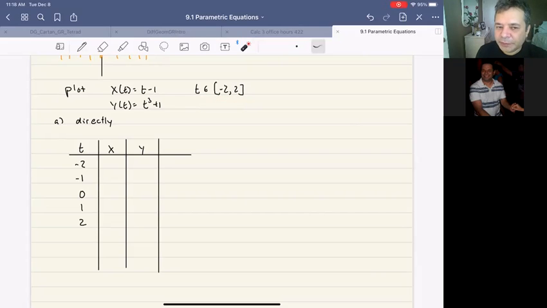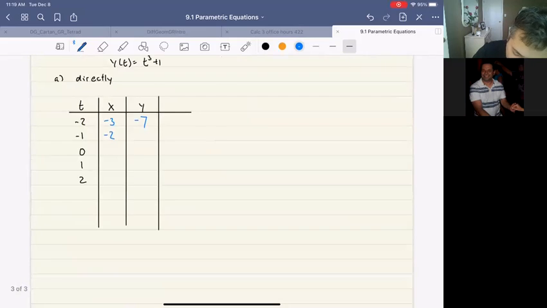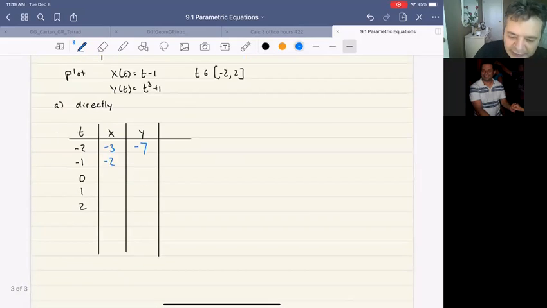Now, if t is -2, x is going to be -3, and y is what? -8 plus 1, -7. If t is -1, x is -2, and y is -1 cubed plus 1, 0.